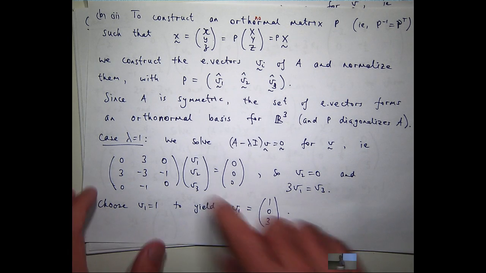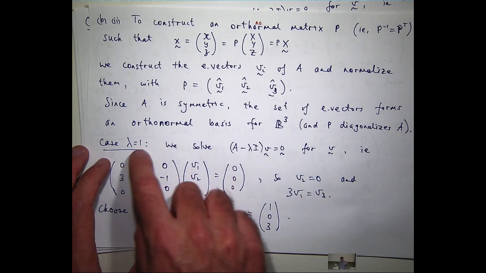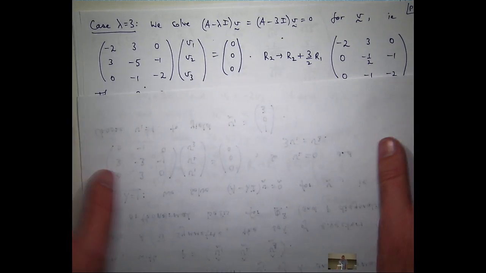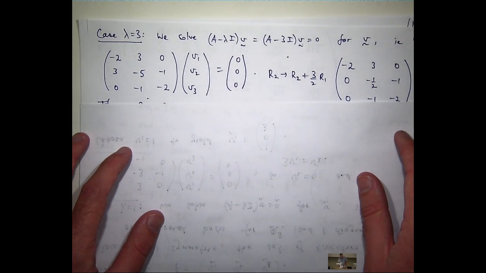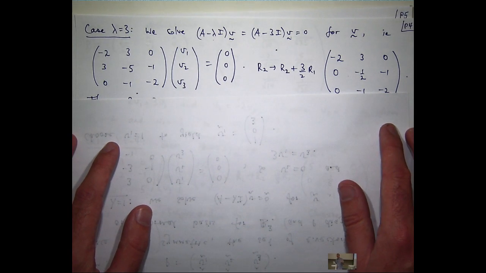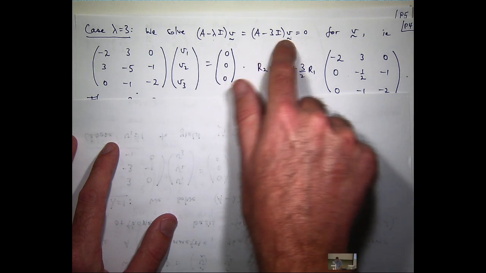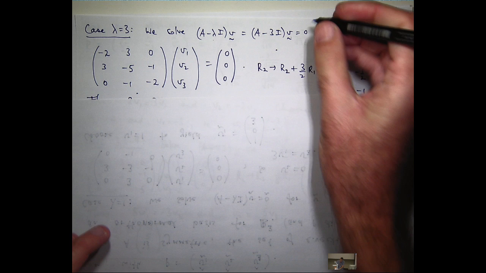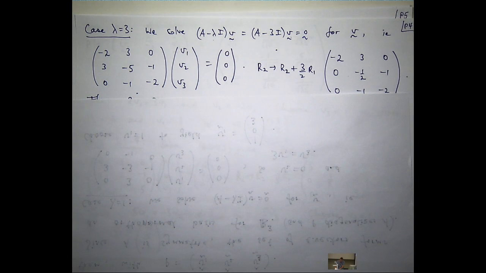Let's move on to, say, the case lambda equals 3. So if lambda equals 3, we consider this equation here, and we want to solve for v. So writing it out again, I get the following.